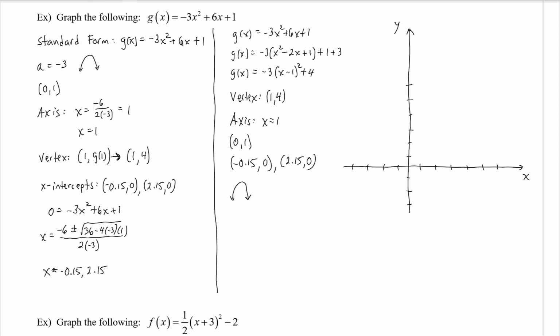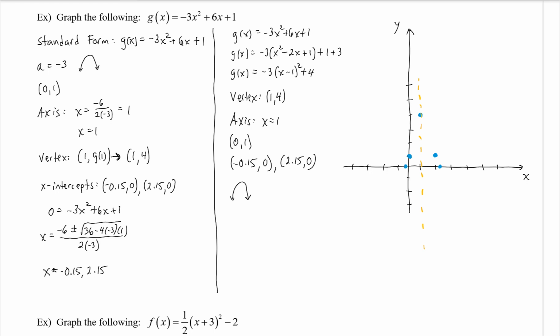If we go right 1, up 4, there's the vertex. We know we're going to go through 0, 1, so here's our axis. We know that 0, 1's on there, which means we have to have one at 2, 1, because of axis of symmetry. And then we know we're going to go through negative 0.15, 0 and 2.15, 0.